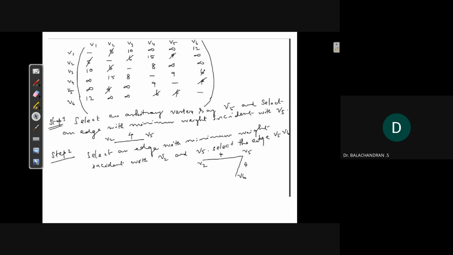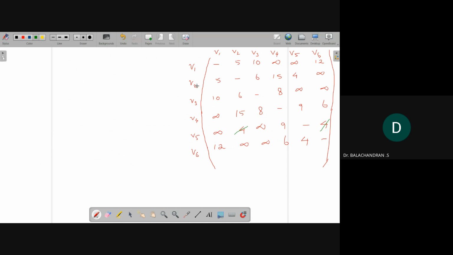V2, V5 we already chose, so we can't choose V5 again. Similarly, V5, V6 means V6, V5 also you cannot choose again.